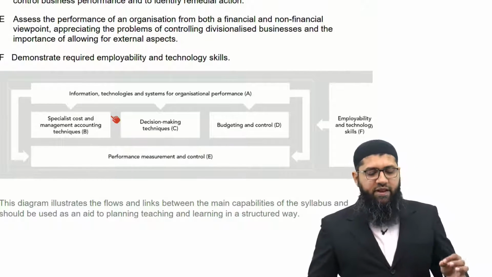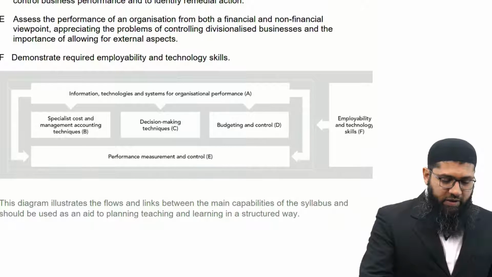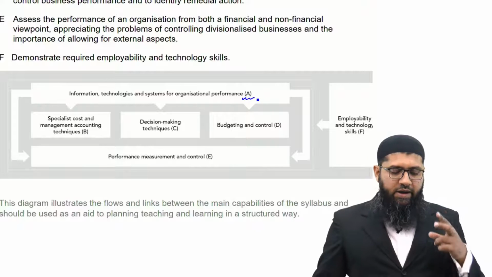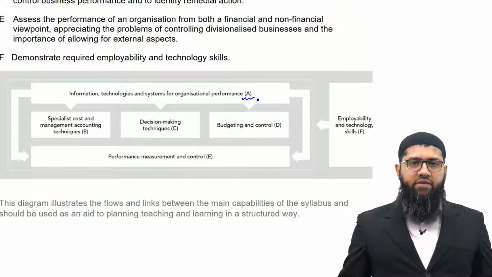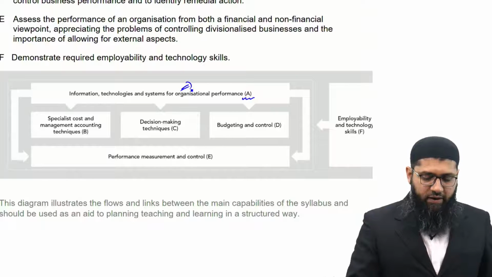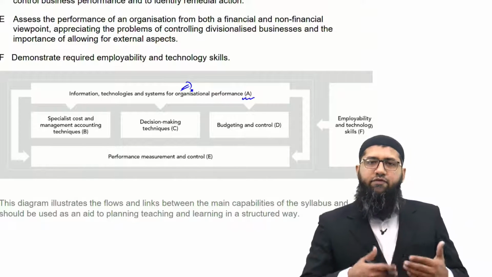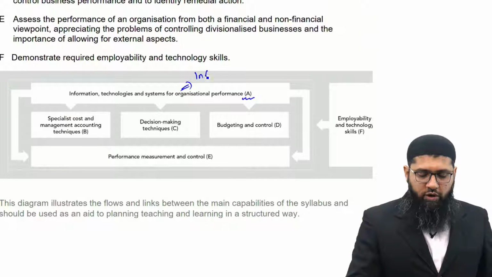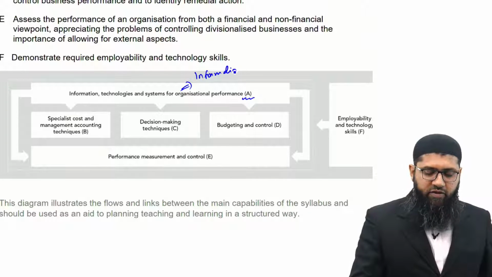And you could see that there is this section A, which is about information technologies and systems for organizational performance. Now what do we mean by this? This actually means that there are different areas with respect to what the information system in an organization should be.